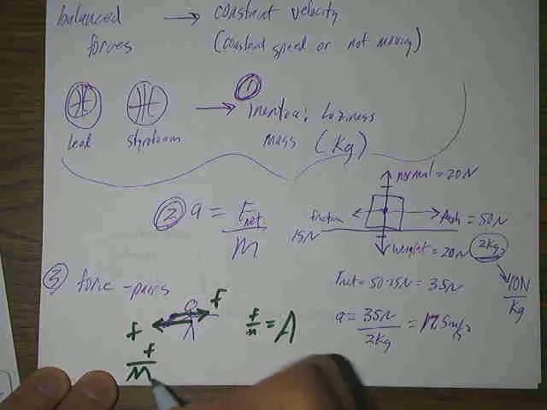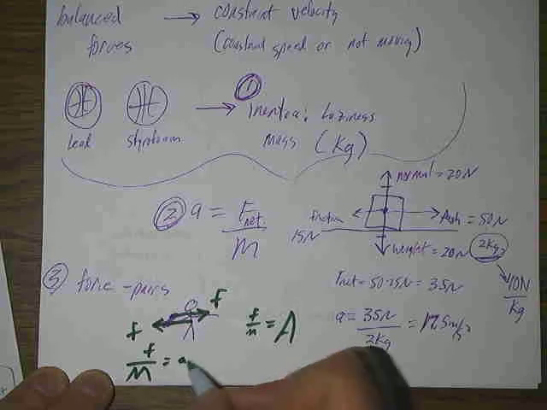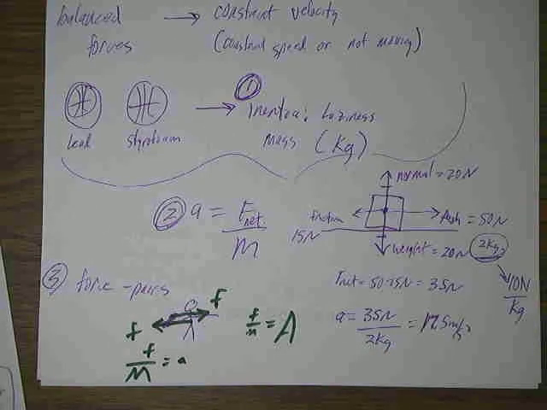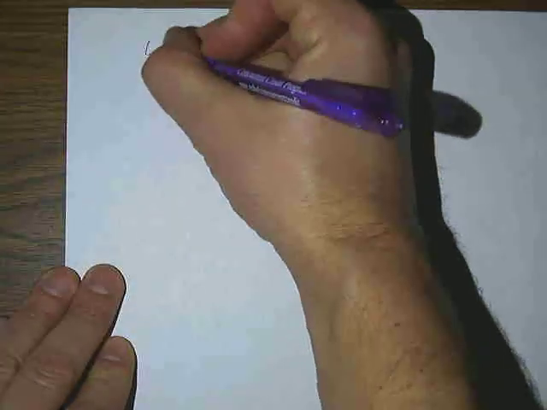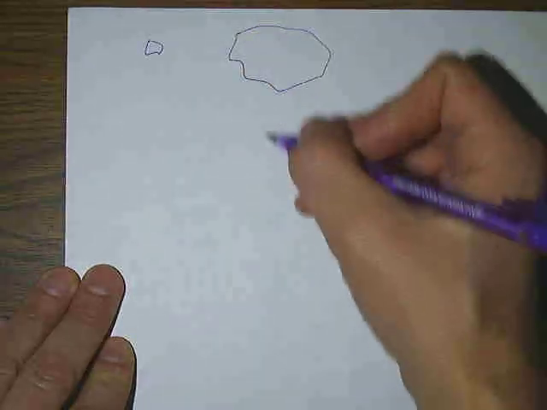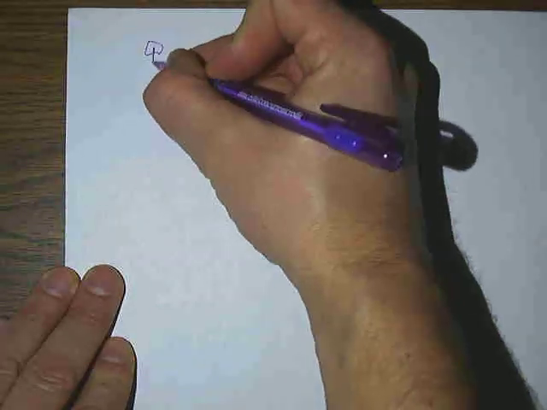But don't expect forces that are the same size to produce the same acceleration, because the object I'm throwing probably has a very small mass, which gives a big acceleration. Meanwhile, the person has a much larger mass, so that gives a much smaller acceleration. So we did a lot of stuff with Newton's third law.